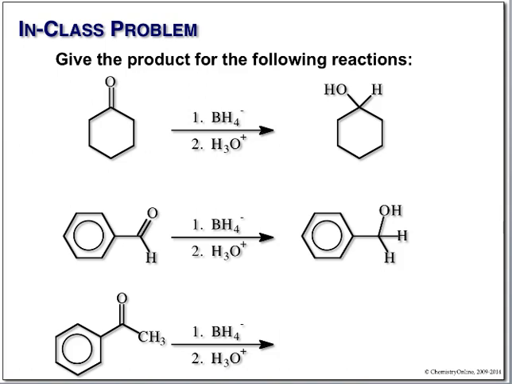If we take acetophenone, a ketone, add a hydride to the carbonyl carbon, this will become an OH, and we have a secondary alcohol. Any questions on borohydride or lithium aluminum hydride?